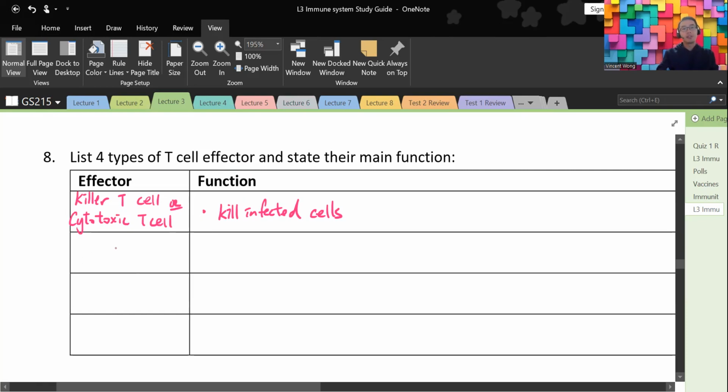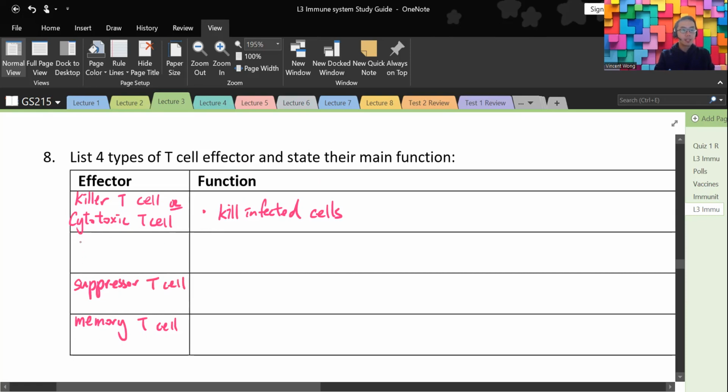What's another effector? Anybody remember from the lesson? Memory cell. Yeah, I hear memory cell. I'm going to put it at the bottom here. Memory T cells. And someone said something else? Suppressor. Yep. So memory T cell, suppressor T cell, and just one more.